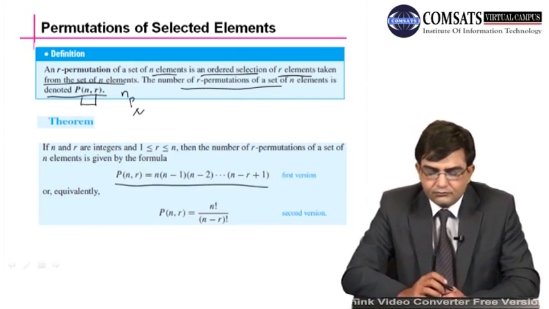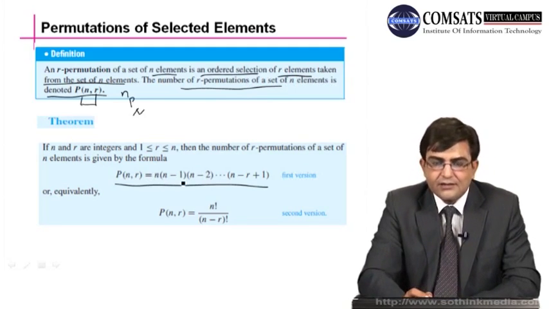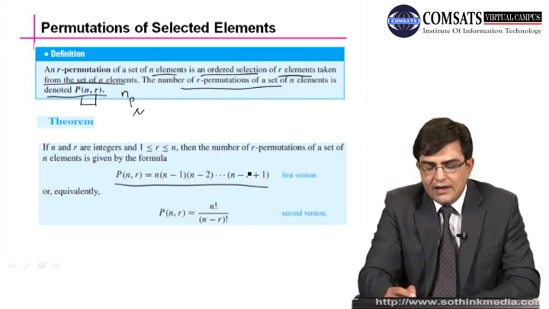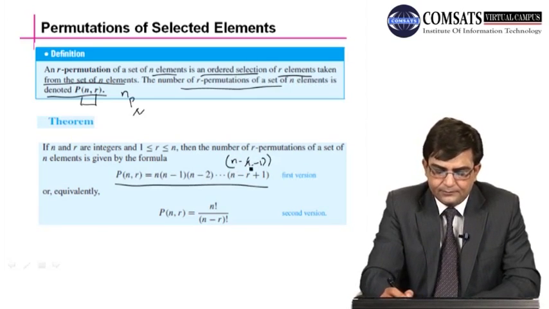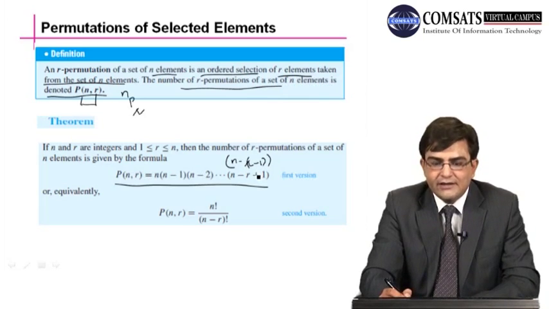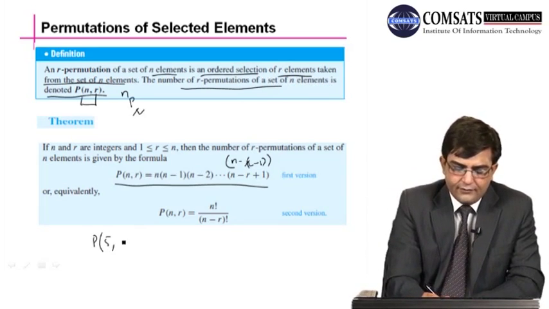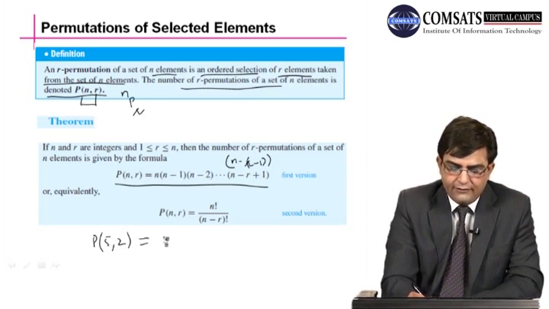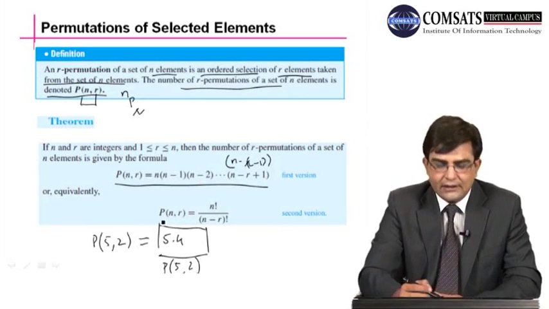This is the formula. First version: P(n, r) is basically n into n minus 1 and n minus 2, up to so on, n minus r plus 1. We can write it like this, or if we don't write brackets here, due to this minus we'll have plus. For example, if we have to calculate P(5, 2), how can we calculate it?